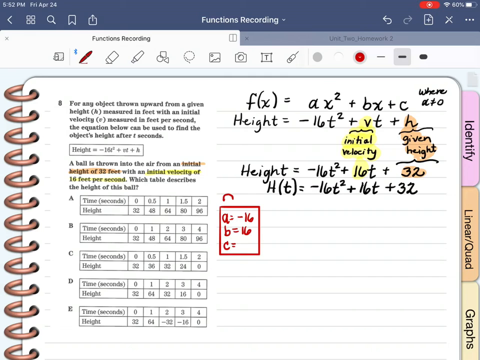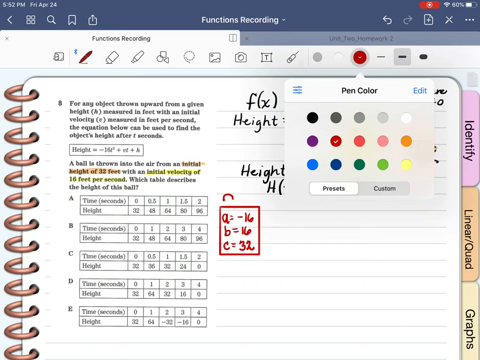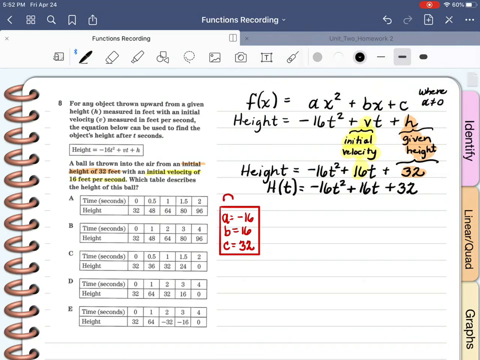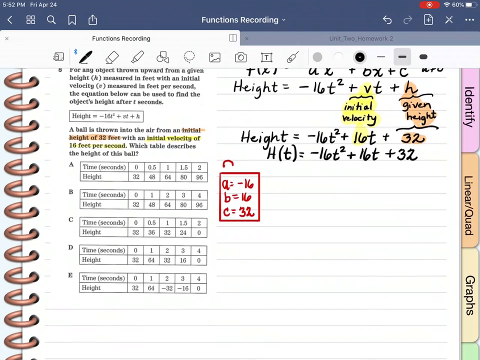And C is 32. That's where the graph of this story would cross the y-axis. Okay, and we're not having to graph it, so it's not important. I just want you to know how to read those values.